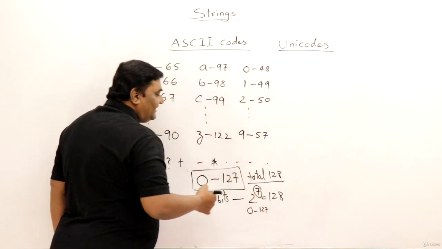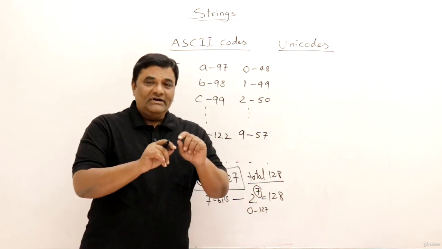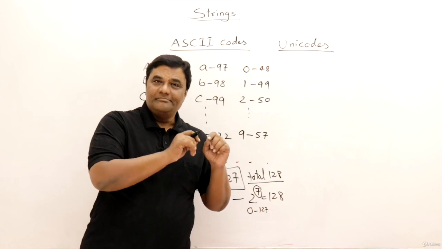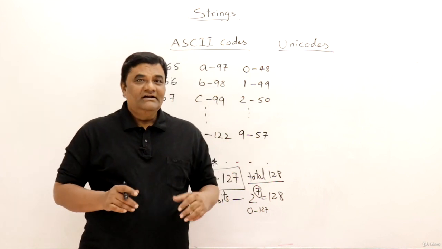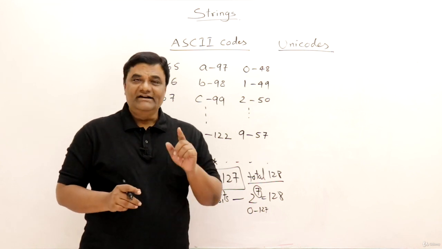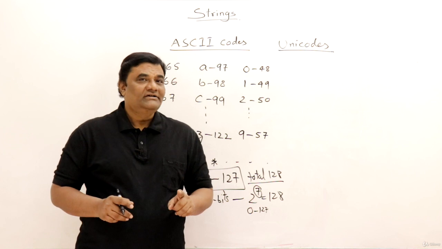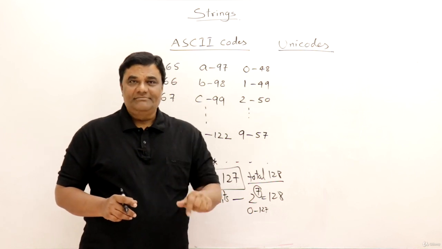So only 7 bits are sufficient for ASCII codes. But while allocating memory in main memory, that is in the RAM, 7 bits are not allocated. A minimum of 1 byte is allocated. So that's why a character, that is an ASCII code, is stored in 1 byte in computer memory.